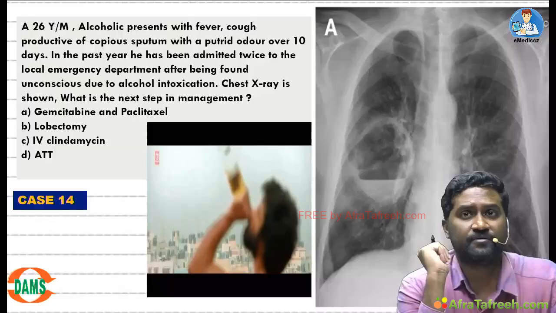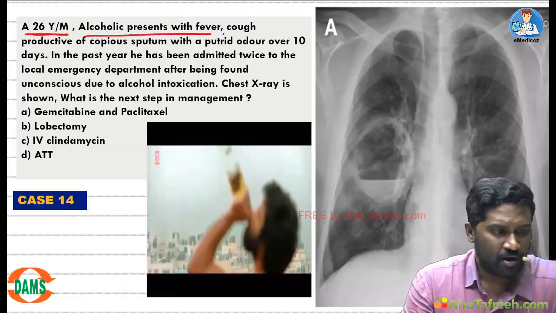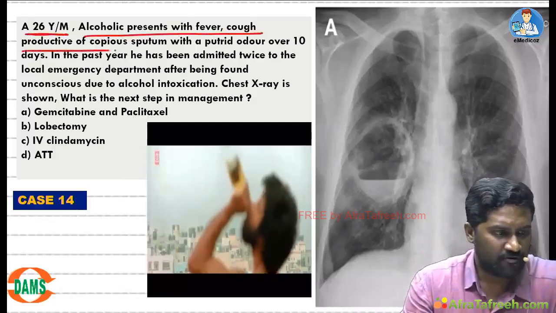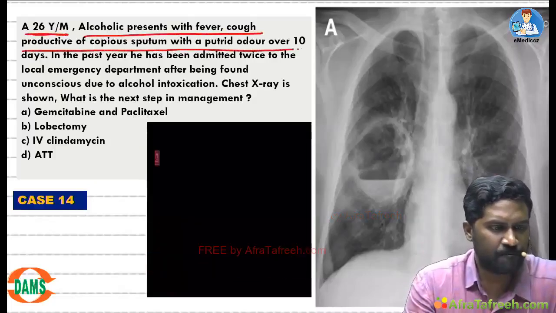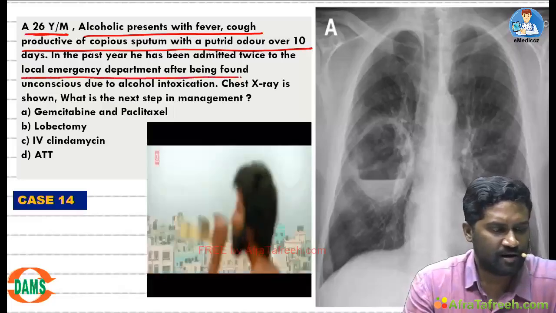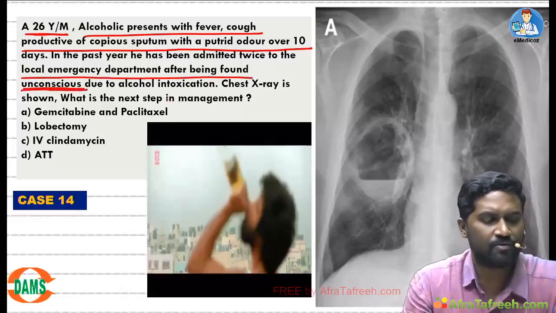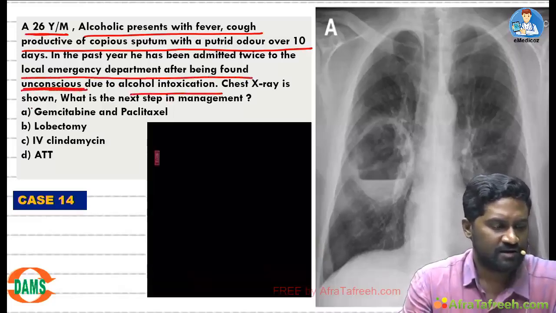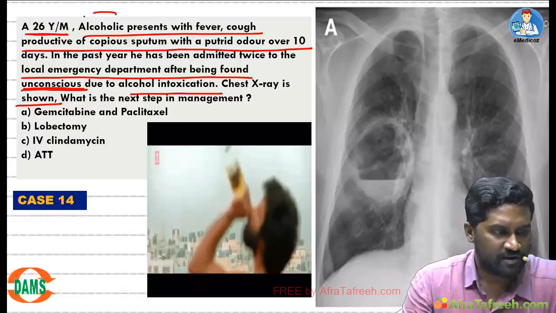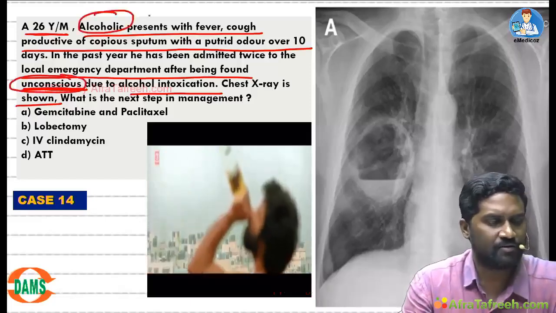Then case number 14. There was a 26-year-old male, alcoholic, fever, cough, productive sputum, bad smell, 10 days. He was admitted twice to the emergency department after being found unconscious due to alcohol intoxication. Chest X-ray is given. So he is alcoholic. Frequently he is getting unconscious.